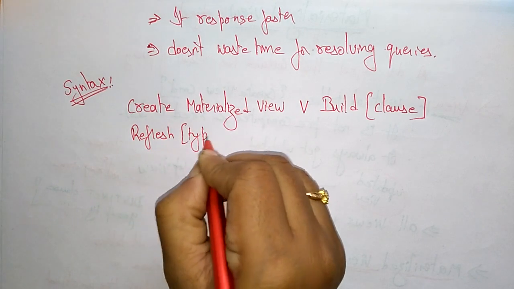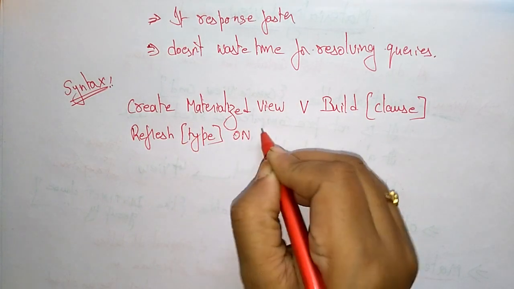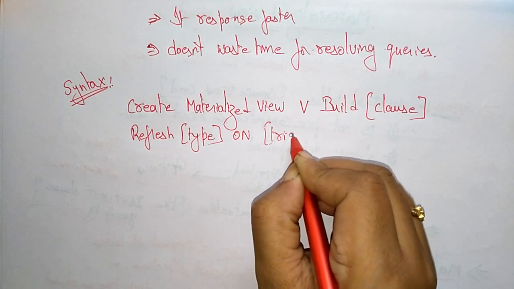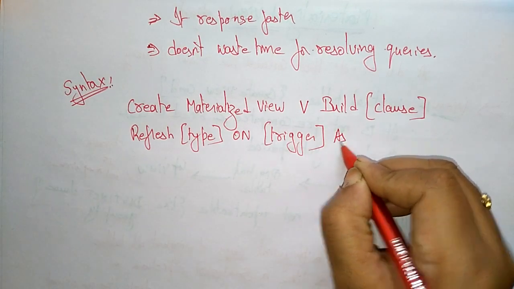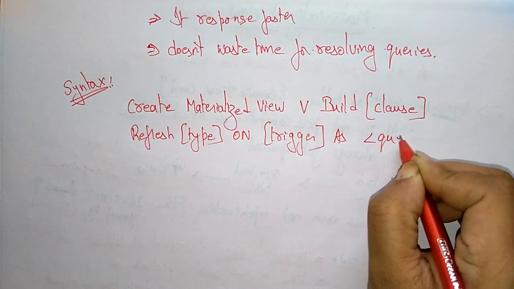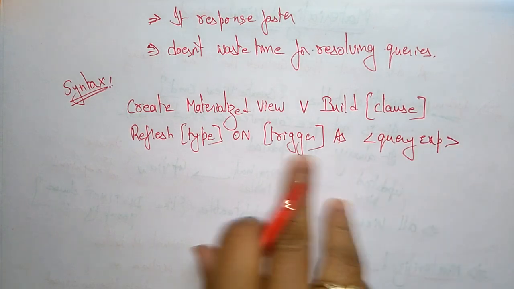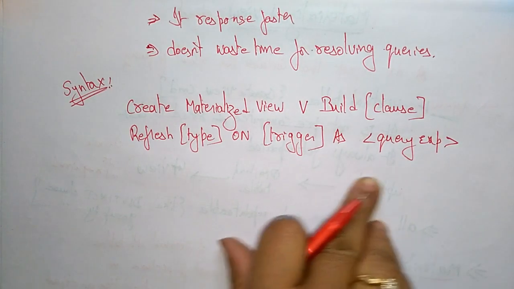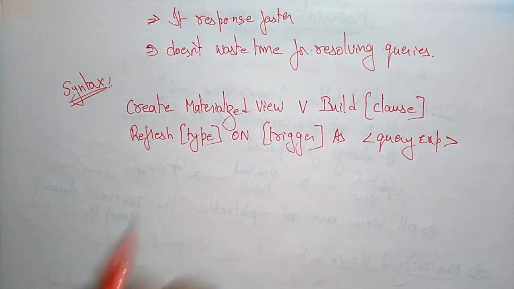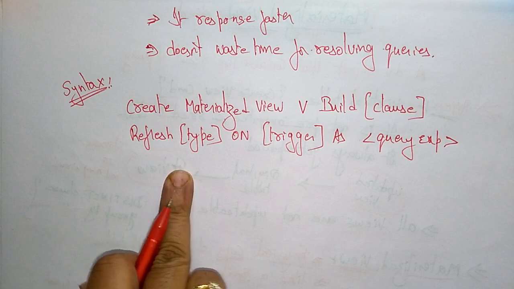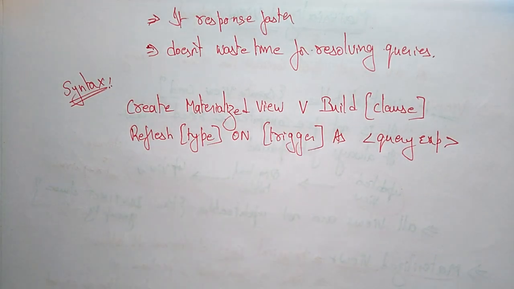Based on the trigger and query expression, it will be refreshed. So this is the syntax of the materialized view.